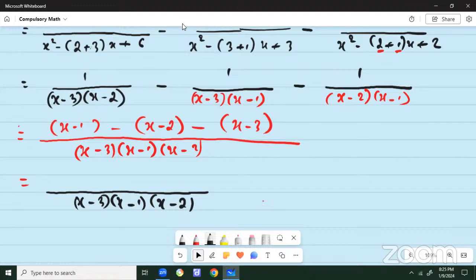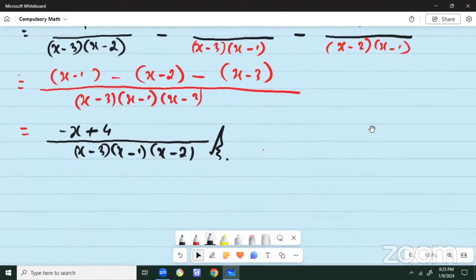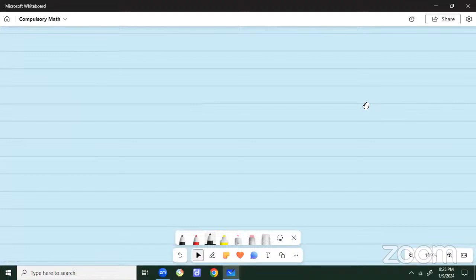Minus x plus 4. Negative x plus 4, right? Negative x plus 4. That's good. Okay, so I hope you can do it. Now let's go to another one. A very simple one.